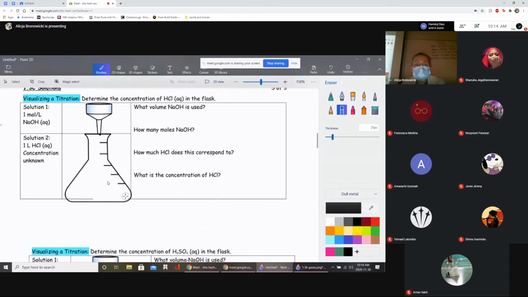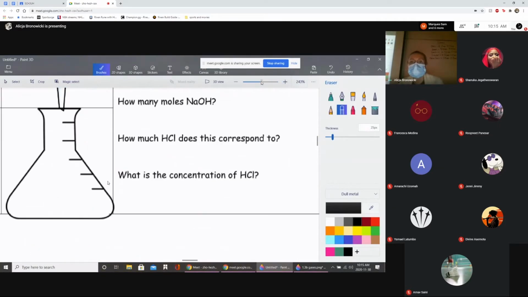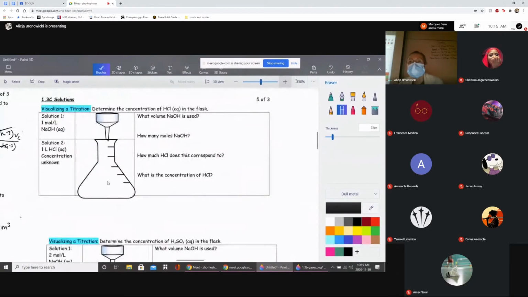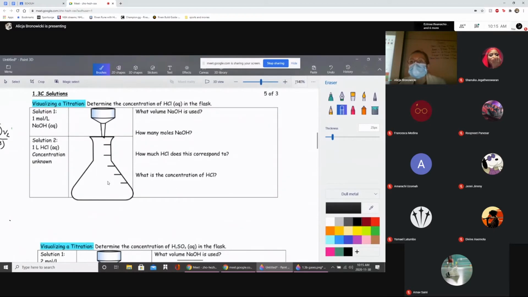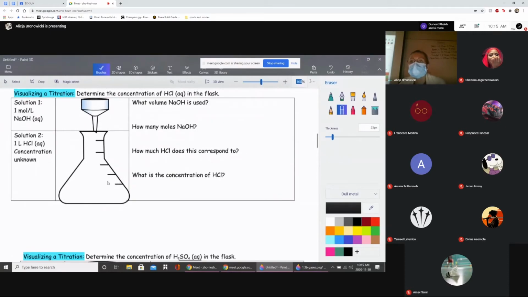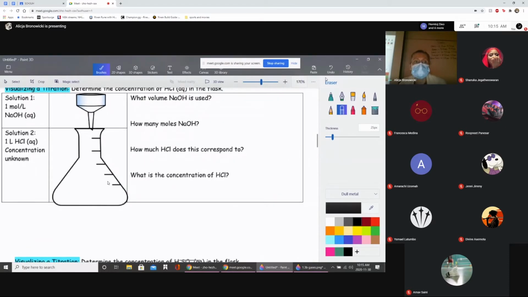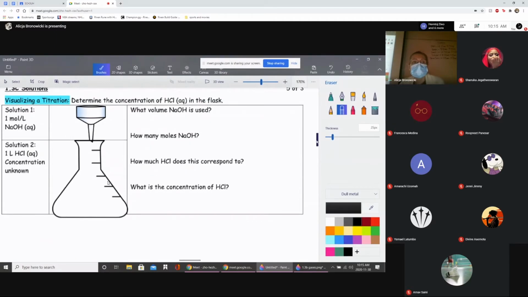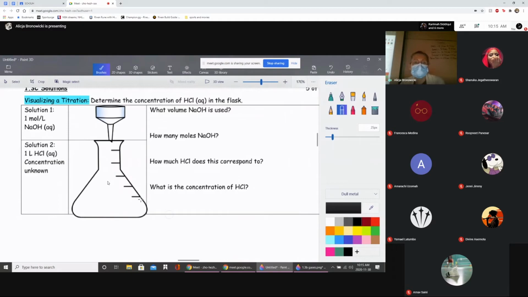Now I don't know if this is big enough. All right, let's make it a bit bigger. Okay, so let's take a look at a titration.